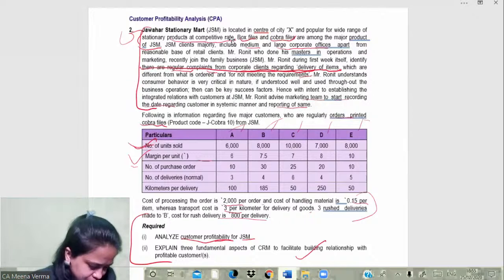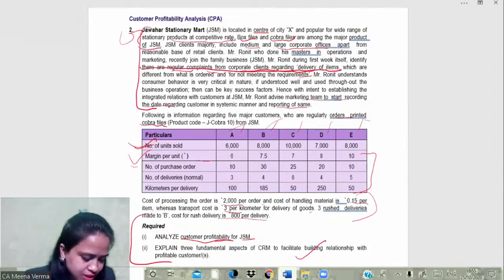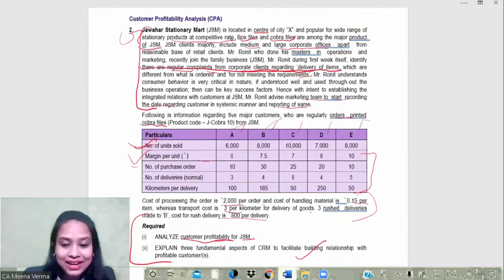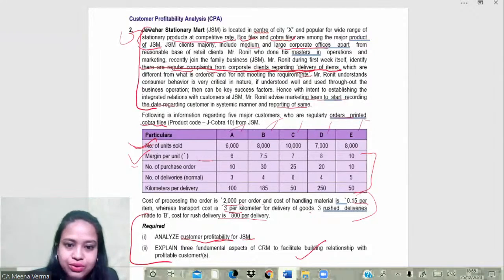Quickly tell me whatever you have done. Consider the margin, then we have other costs, consider all these costs. Find the profit, then we will analyze the situation. Quickly tell me how much you have done on your own.